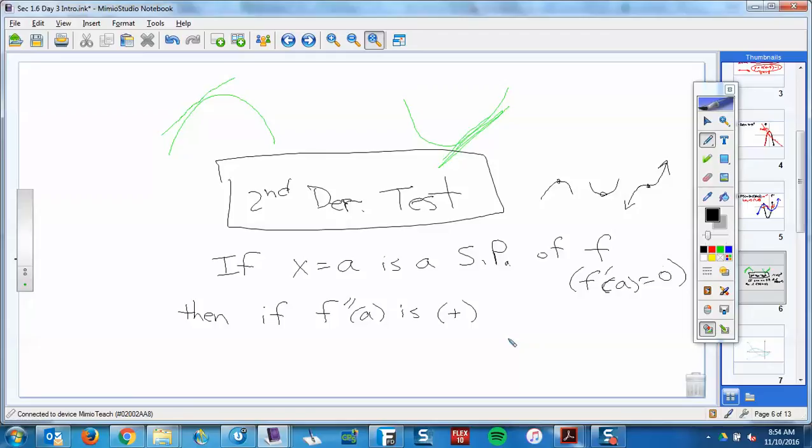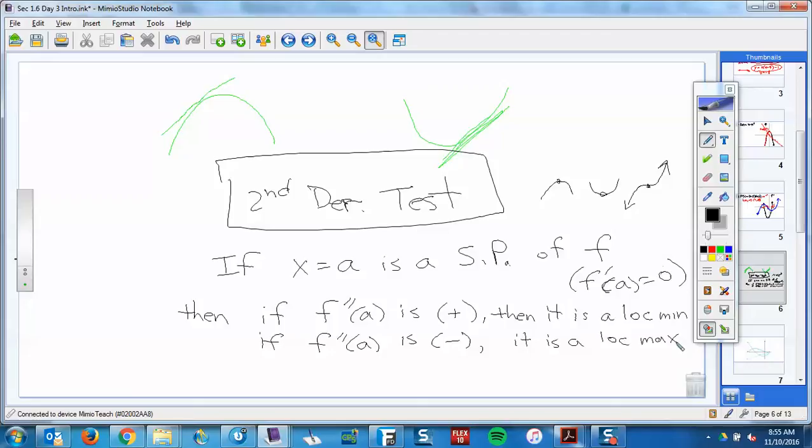Well, which one of these three situations is that point concave up? Local min. So if f double prime of a is positive, then it is a local min. If f double prime of a is negative, it is a local max, because it would be concave down.